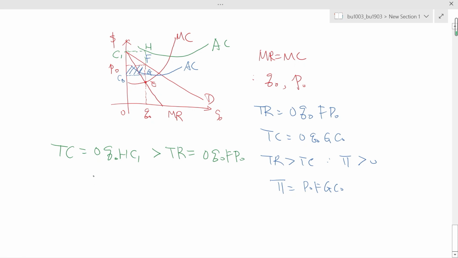So this particular firm, because of its inefficiency, is making an economic loss.